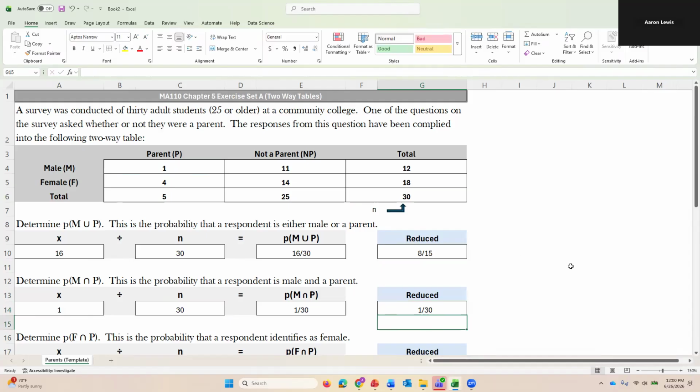And this is useful if you are going to project the ratio for something bigger, the population in this case of the community college. If 1/30th of our sample was male parents, we can project that about 1/30th of our entire student body would also be male parents.